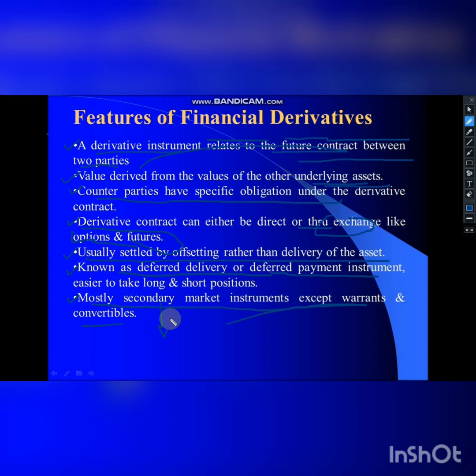We have two stock exchanges, the Bombay Stock Exchange and the National Stock Exchange. We have to go to them if we want to invest in derivatives. So all these points are clear here. Come on to the next slide.